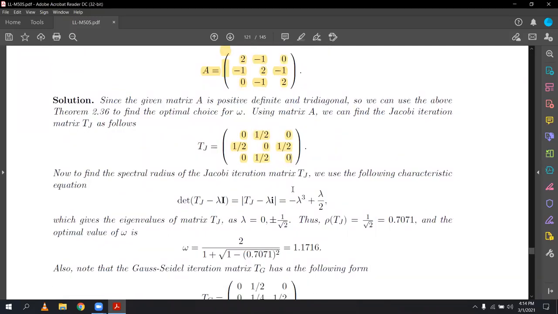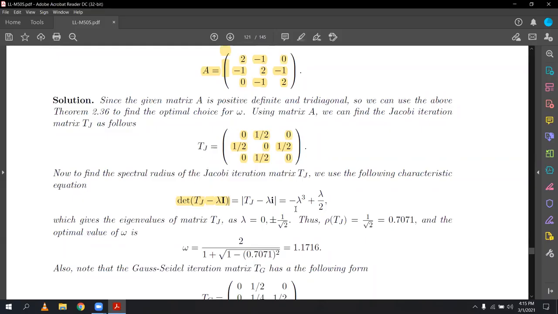Now you have to find the spectral radius of the Jacobi iteration matrix, and for this you have to use this formula, the determinant of Tj. Here a student was confused in the exam; they use A in place of Tj. No, we don't care about A, we care about Tj, Tg, and T omega.